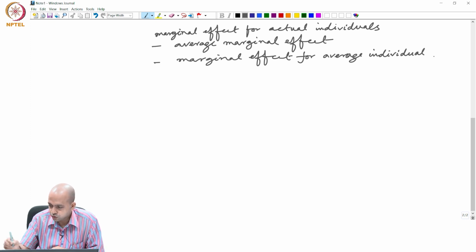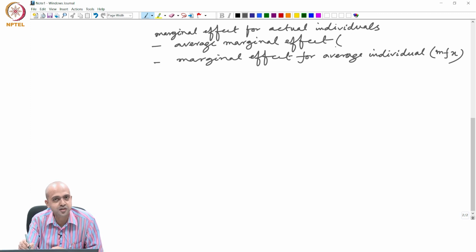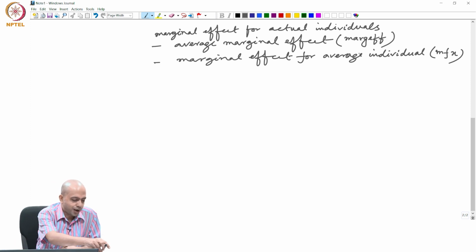Okay. So, this we have already calculated by the MFX command. But this average marginal effect calculation requires a separate command which is called margeff.